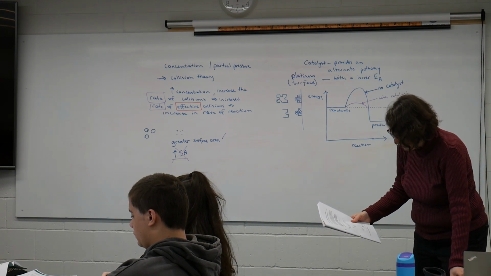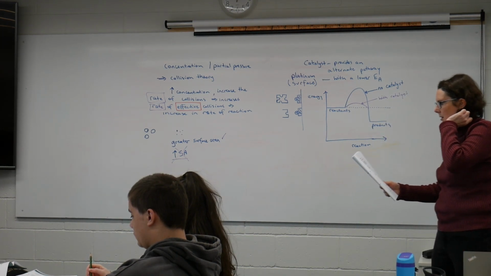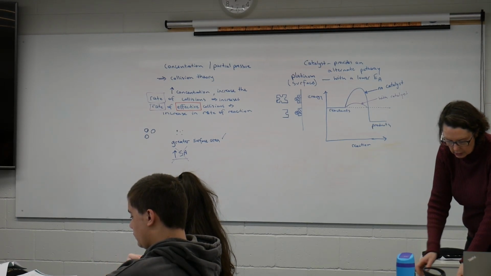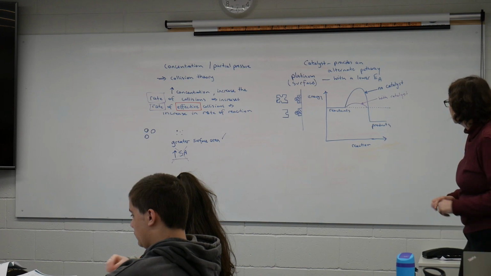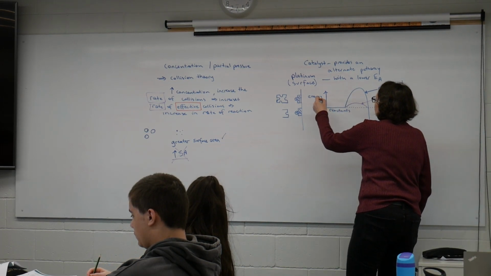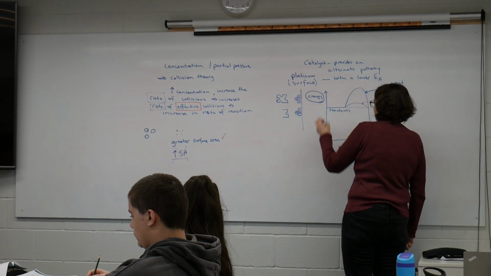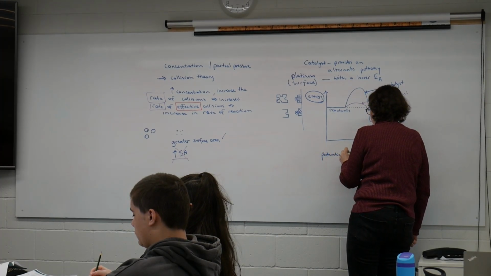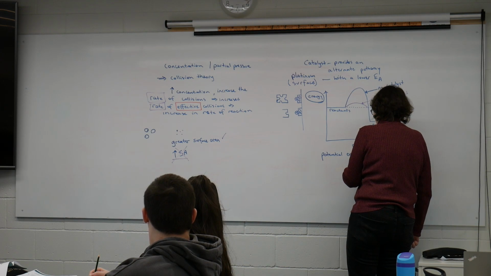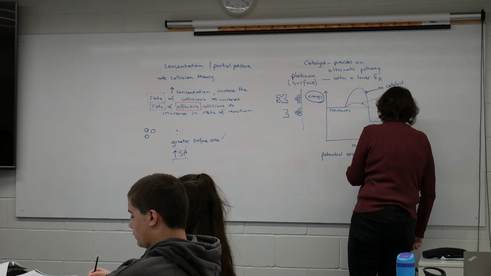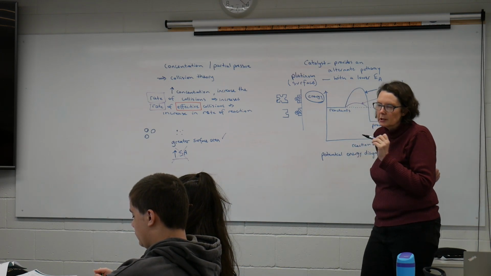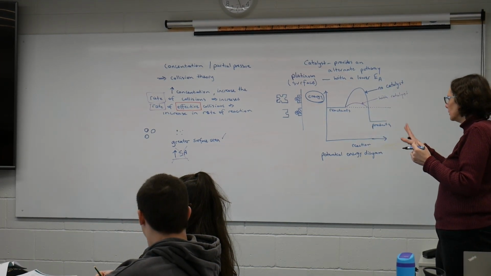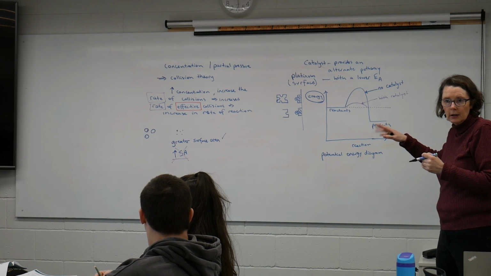And we've talked about here, this is a potential energy diagram. Because what we've got here is energy. It's reasonably important for you to get this straight in your mind that this is an energy diagram.